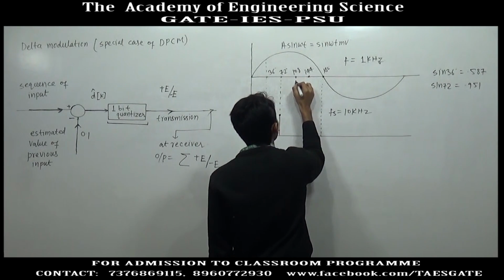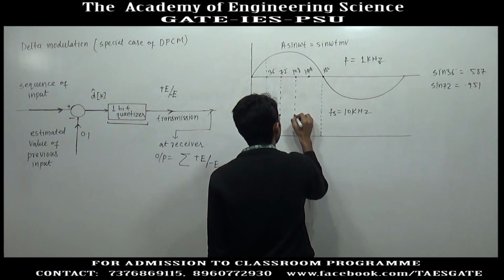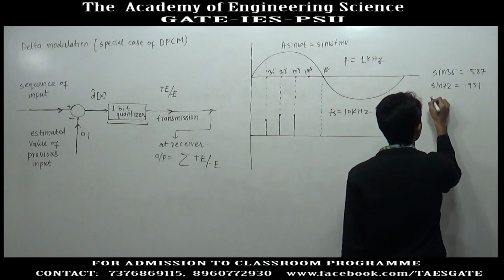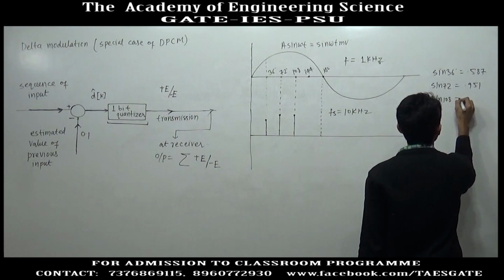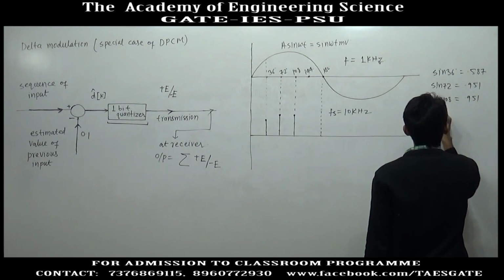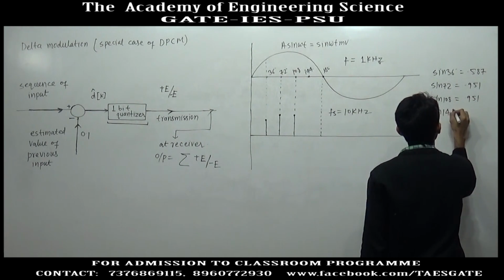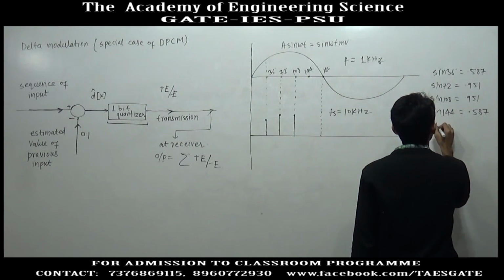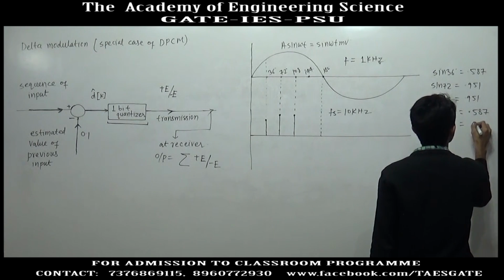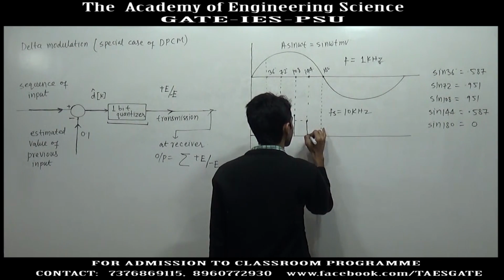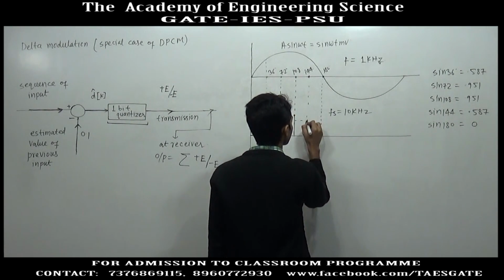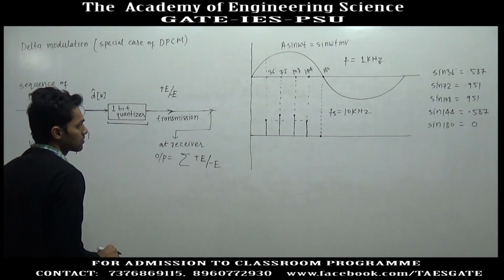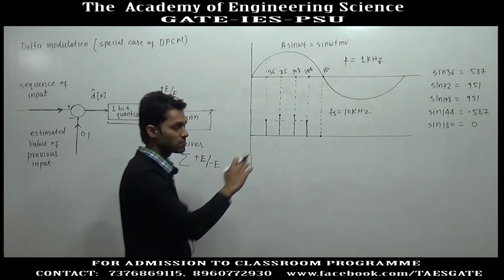The third sample will be sin 108 degree, which is 0.951. The next sample will be sin 144, which is 0.587, and the last sample is sin 180, which is 0. So these are the samples, and we have to transmit these samples.